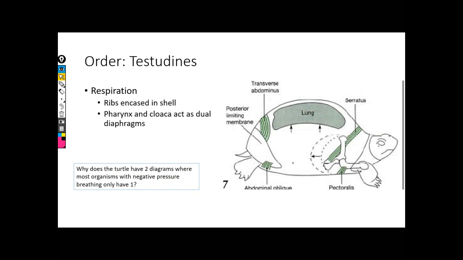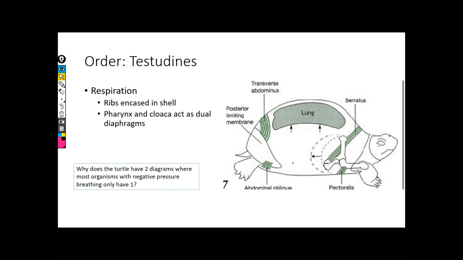So thinking about the turtle shell then, this is one of the conversations in your lab packets as well. This causes some restrictions on the way that turtles can breathe. Now, we still have some negative pressure type breathing. But if your ribs are fused to your shell, there's not a way for the intercostals, those muscles between your ribs, to expand or contract.